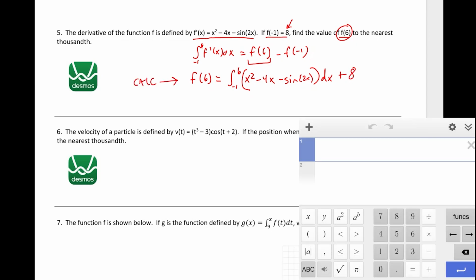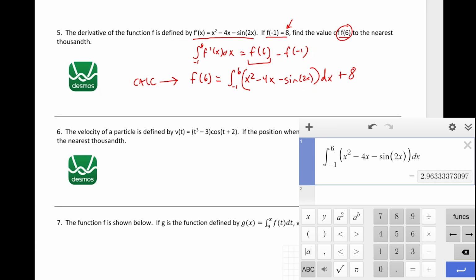So this is what we're going to put in the calculator. So let's open up Desmos here and start typing away. So the integral from -1 to 6 of, not f, we're going to actually type out the whole equation here, x squared minus 4x minus sine of 2x, close that set of parentheses, dx.